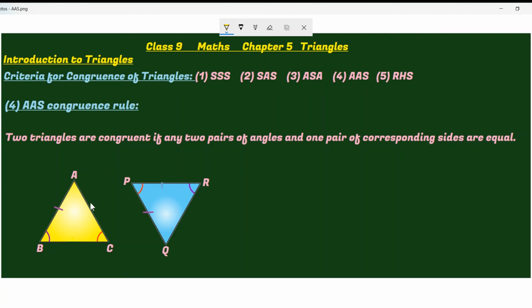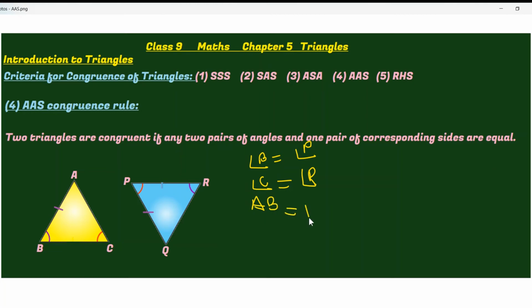Here you can see angle B is equivalent to angle P, angle C is equivalent to angle R, and AB is equivalent to PQ. So two angles are equal and one corresponding side is equal.